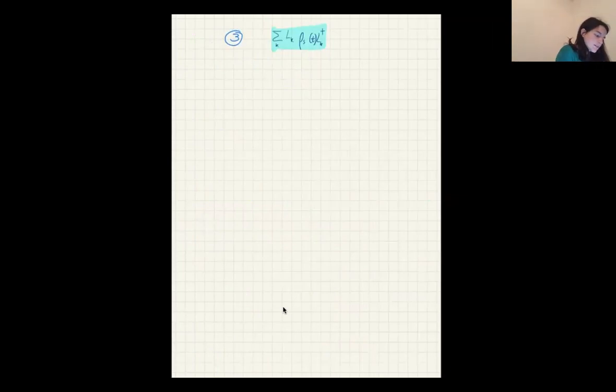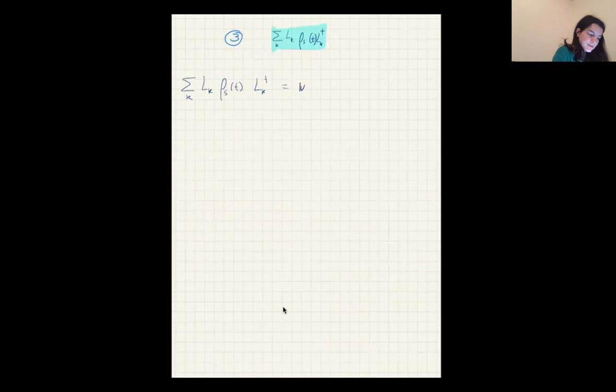So what is this? Sum over k, L_k rho_S of t L_k dagger. Let's start with L_0.